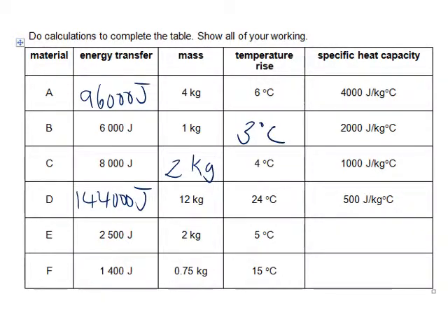Now we're working out the specific heat capacity, which will be Q divided by M times delta T, so 2 times 5 is 10. So M times delta T is 10, 2,500 divided by 10, which is going to be 250 joules per kilogram degrees Celsius.